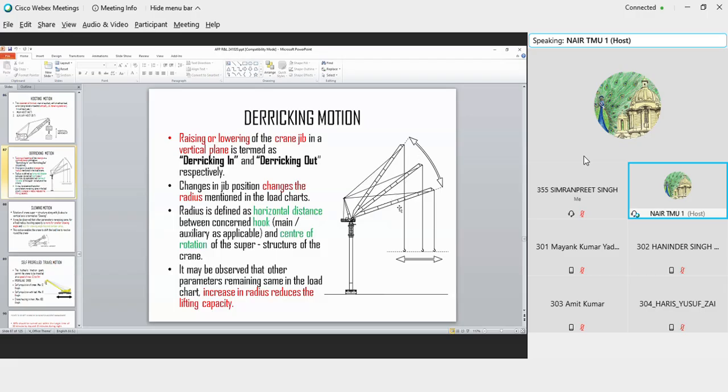So when you are changing the position of the jib, it is called derricking in or derricking out. Please remember again, it is a simple phenomenon of torque: if the jib is directed out a lot, that means you have increased the distance from the center line to the point at which you are lifting the load, and the lifting capability of the crane reduces.